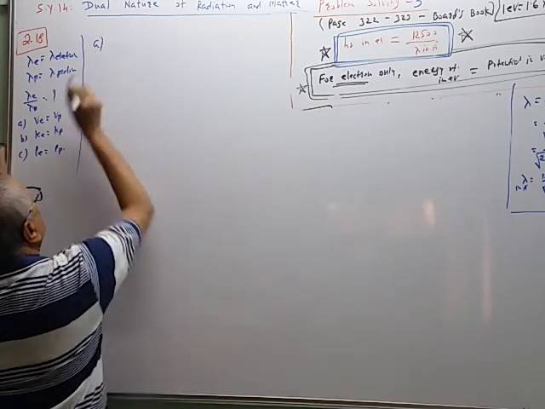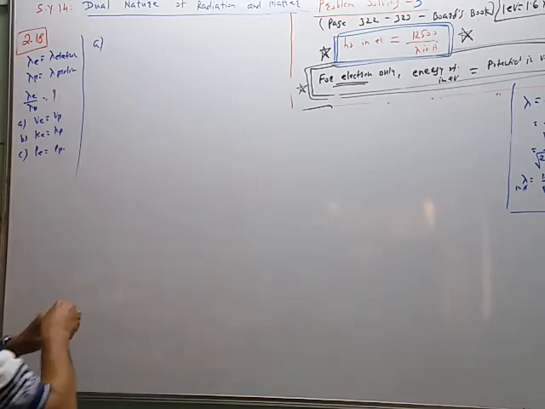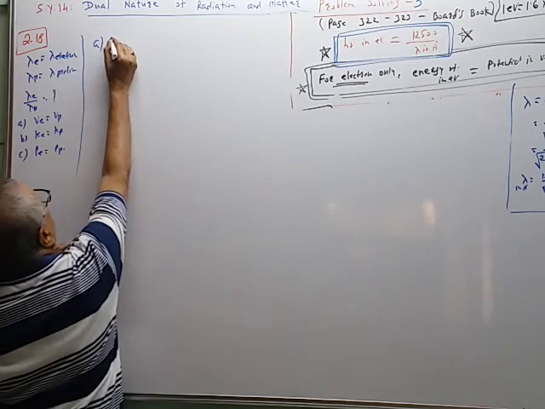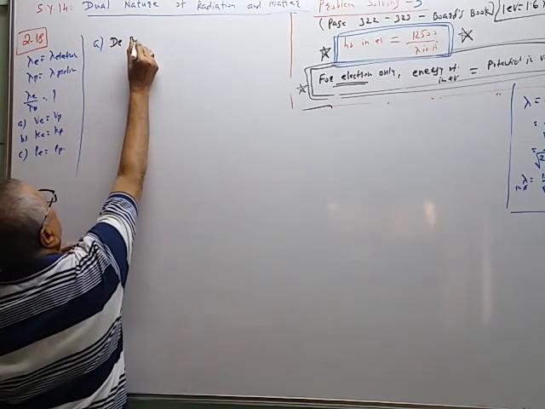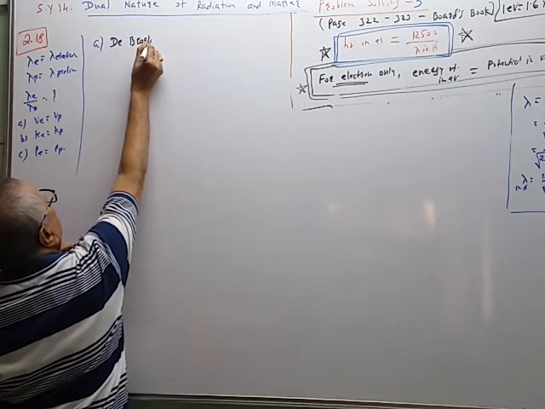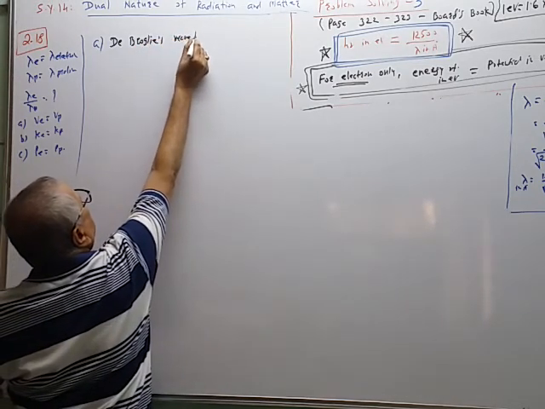So A part. You have to find the de Broglie wavelength in terms of the speed.